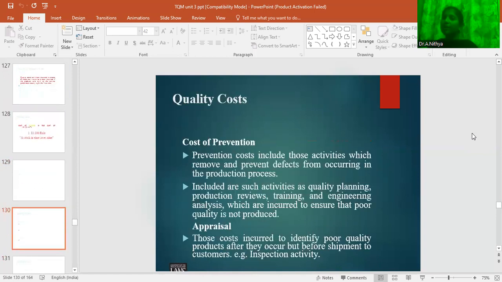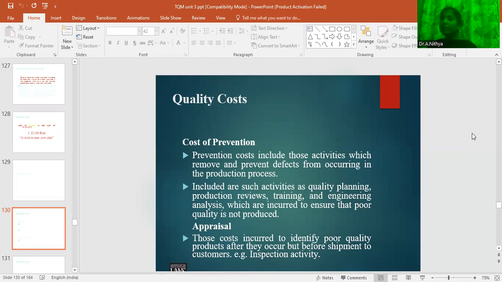So what is cost of prevention? Prevention costs include those activities which remove and prevent defects from occurring in the production process, like quality planning, production review, training, and engineering analysis.